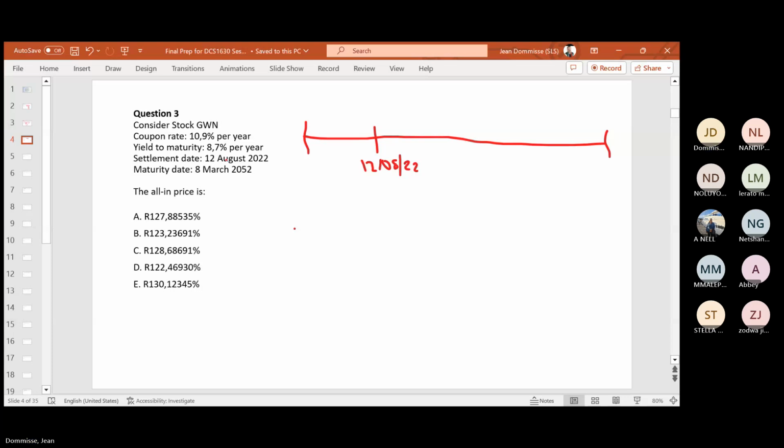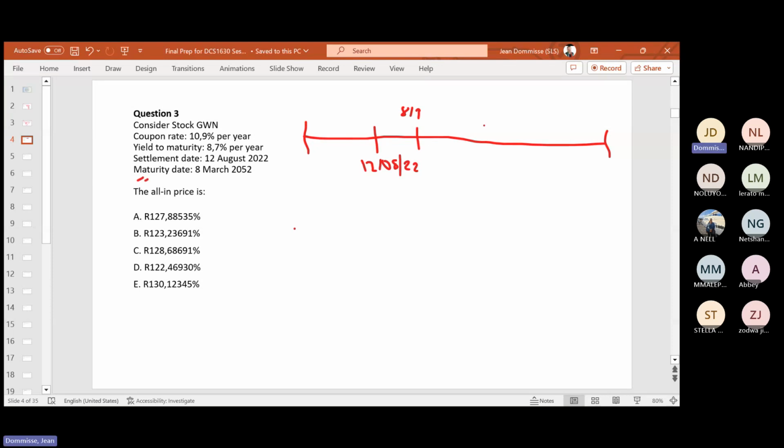Then the next coupon will be actually 8 September. Remember, half year.